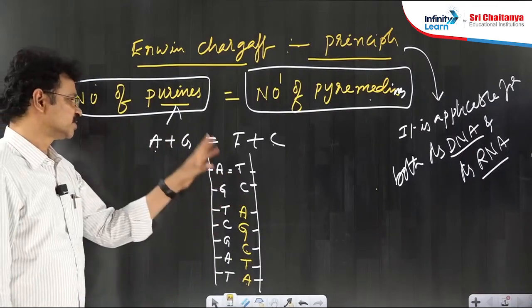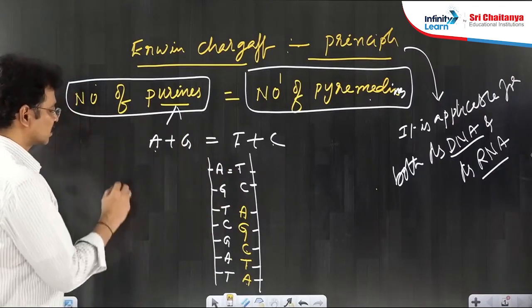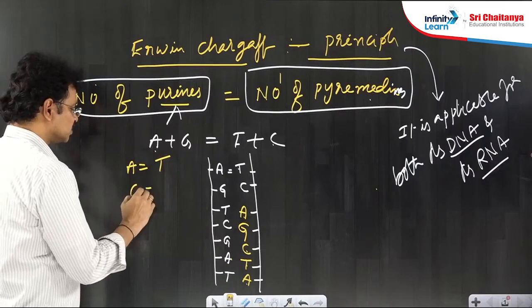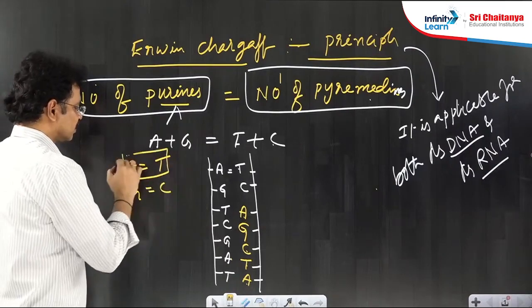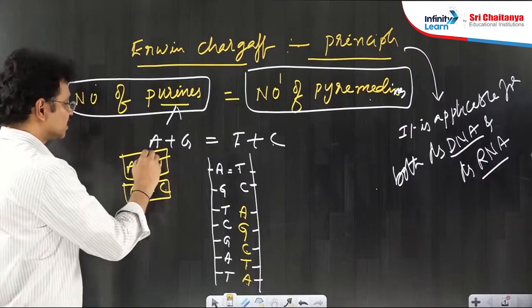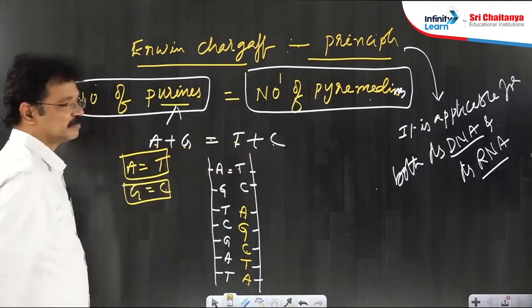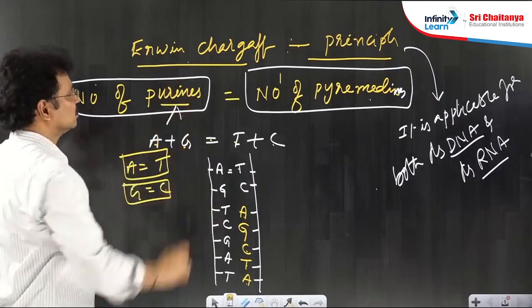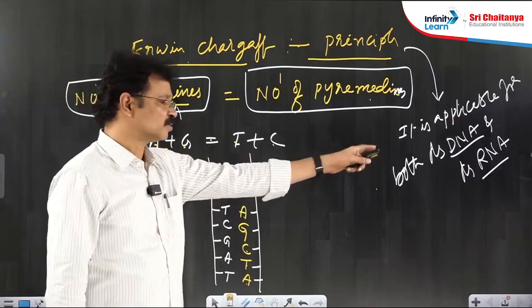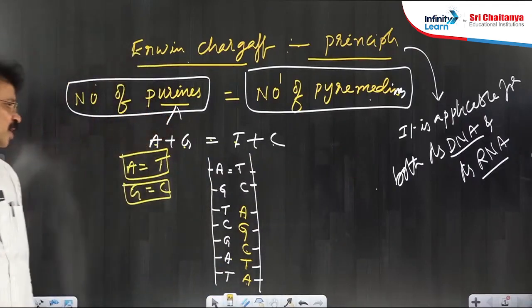So AT and GC pairing is there. Finally, we can conclude A number is always equal to T, G number is always equal to C. A plus G, purines, equal to T plus C, pyrimidines. It is the Chargaff rule or Chargaff principle, applicable for both double-stranded DNAs and double-stranded RNA molecules.